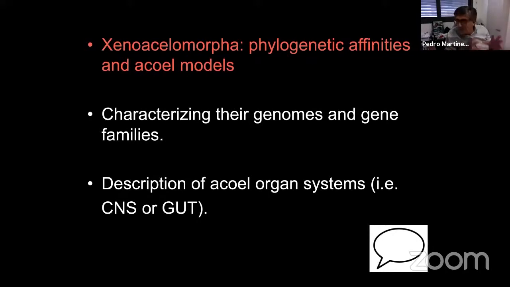First, I'll tell you about chain oisilomorphs themselves, their phylogenetic affinities, where they sit in the tree of life. And then I will tell you a little bit about how we are characterizing their genomes, the gene families, and how these genes influence the growth and differentiation of different tissues.